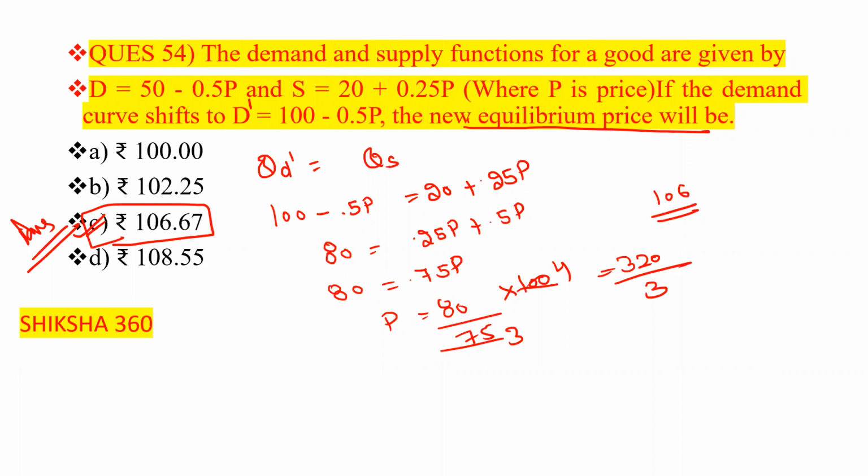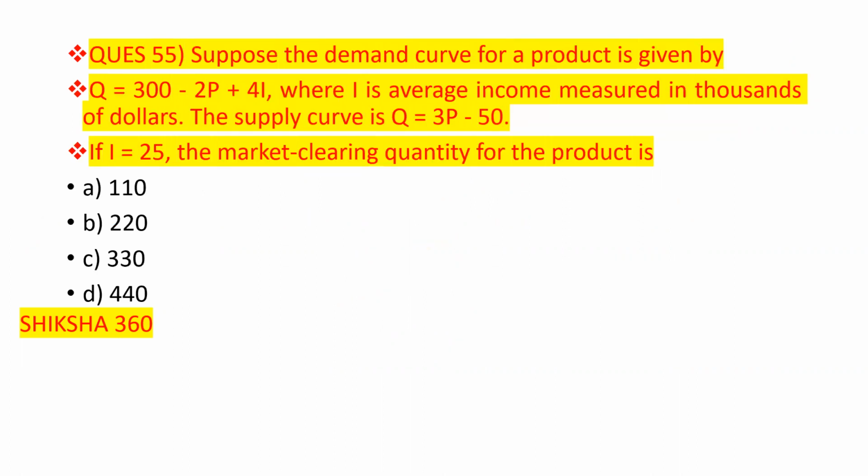Now move to the last question of today's session. That is also one more numerical based question. Suppose the demand curve for a given product is QD equal to 300 minus 2p plus 4i, where I is the average income measured in thousands of dollars.